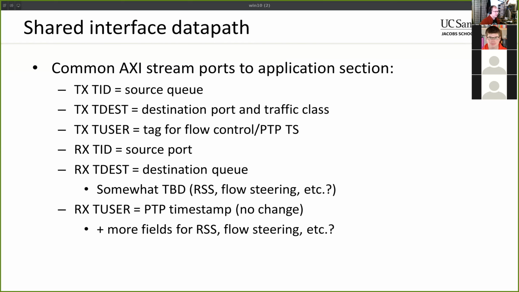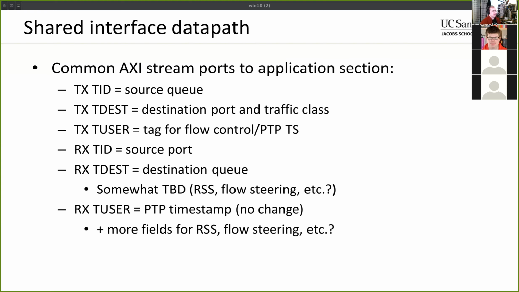And then in the receive direction, we also have the TUSER field. Currently, this carries just the PTP timestamp, but we may need to extend this with a couple of additional bits, potentially for controlling RSS and determining which queue is going to be used to receive the packet. So this could be as simple as just one bit saying allow RSS to compute the destination queue, or set it to override and use a TDEST value.